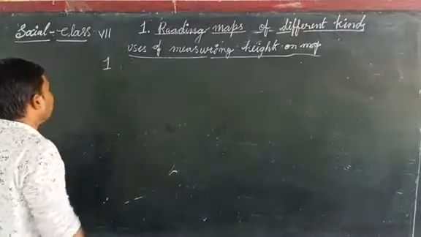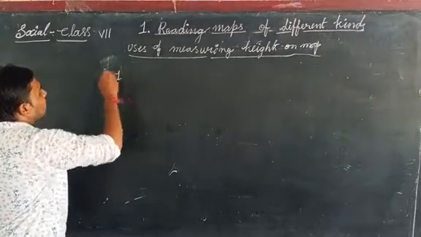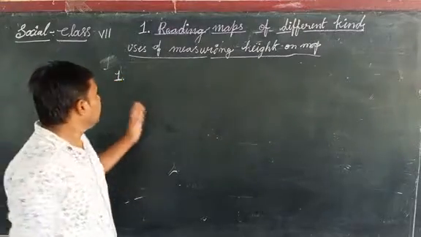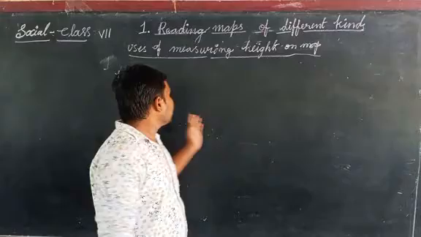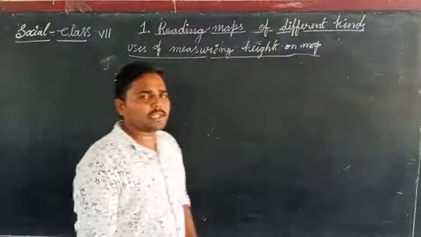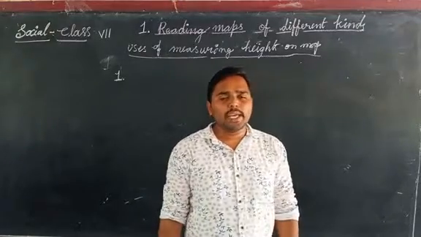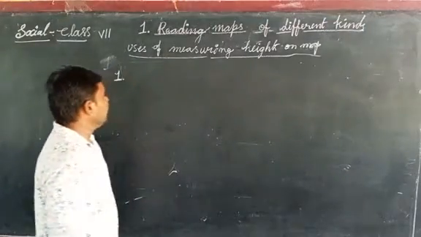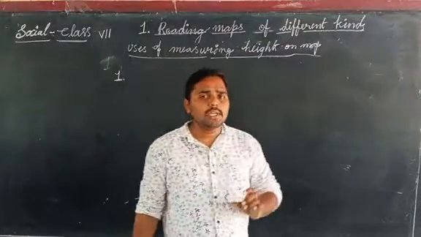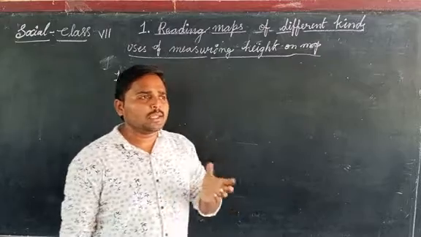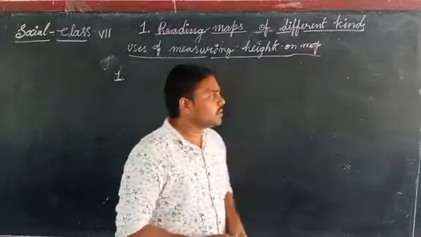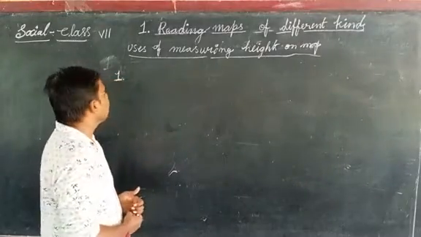Suppose if our government wants to construct a very big dam on the river Godavari, first of all they should estimate the heights of the valleys or the heights located along the river Godavari.